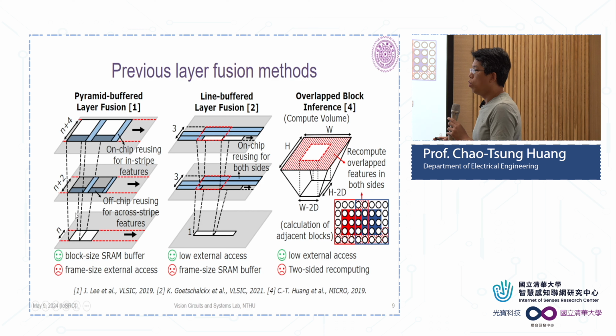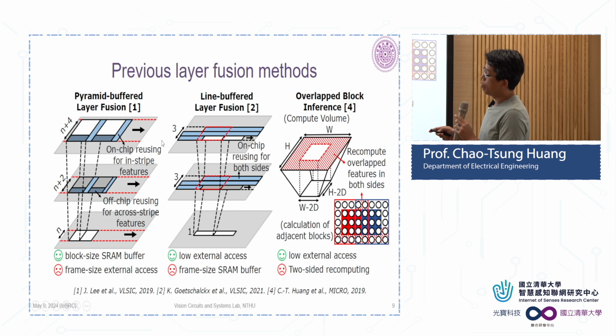In this case, we will need a frame-sized external memory access because we store these frame-sized vertically overlap features in DRAM.